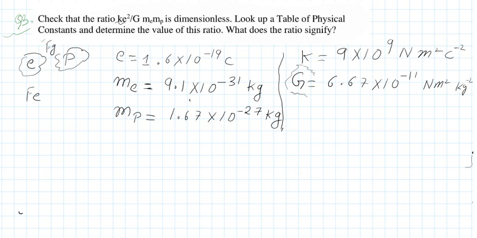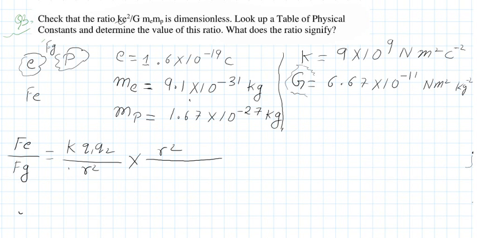Now the ratio of the electrostatic force to the gravitational force acting between electron and proton will give us K Q1 Q2 upon R square into R square upon G M1 M2.